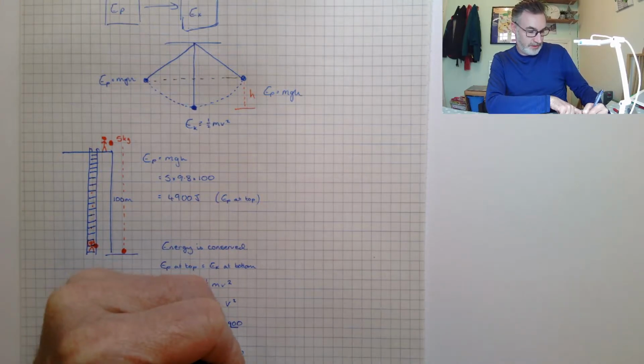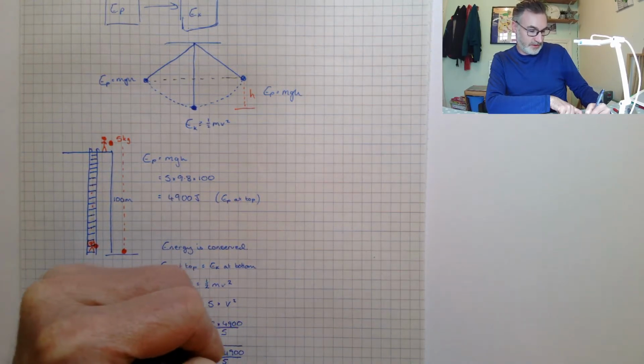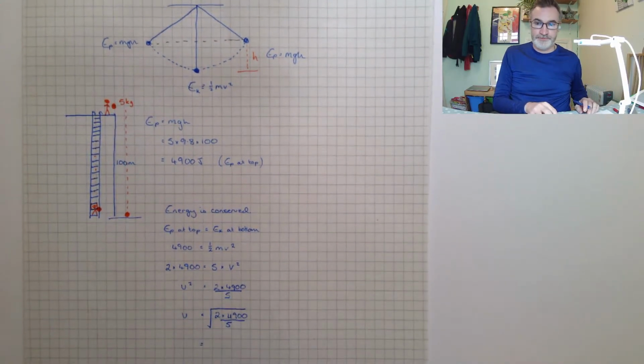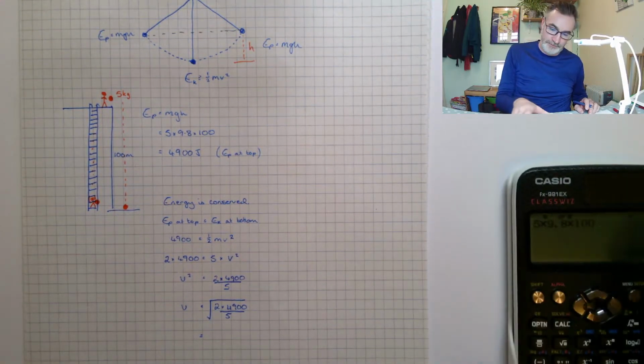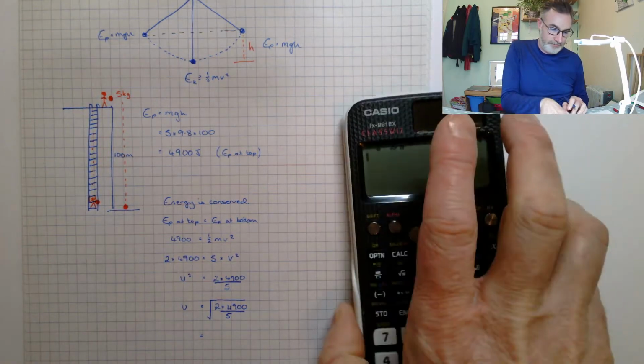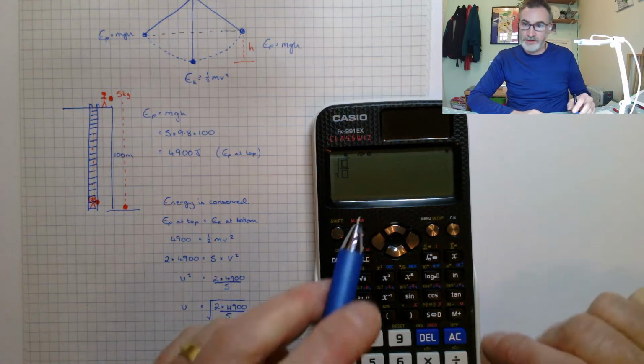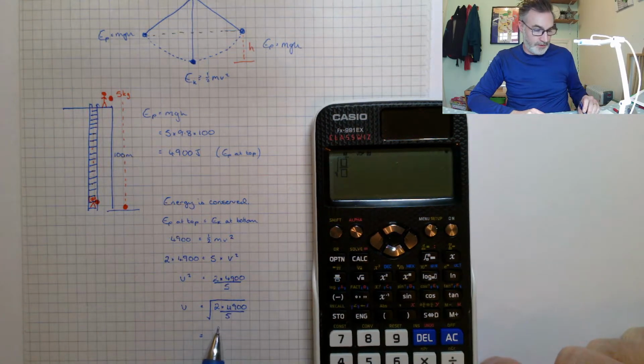2 times 4,900 over 5 and the square root of all of that. So we'll have the square root, and again I'll do this all in one, and so I will just type it as I see it.